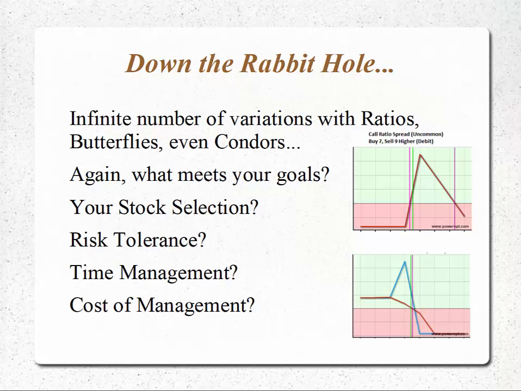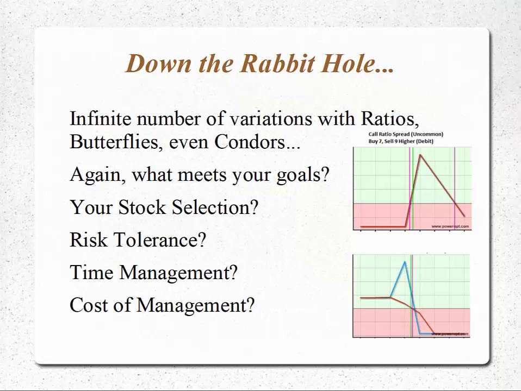Look at the chart. Does the structure of the trade meet your goals? Does the structure of the profitability range of these strategies meet your stock selection? The movement of the stocks that you select, whether you think you're bullish or bearish, how do those stocks move, and would these structures profit long term? Does it also match your risk tolerance? Well, on paper, everyone can say the butterfly spread absolutely matches their risk tolerance.